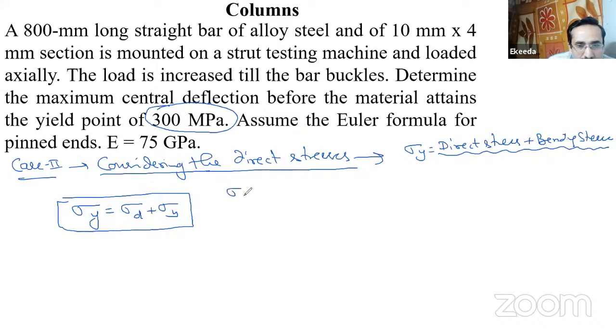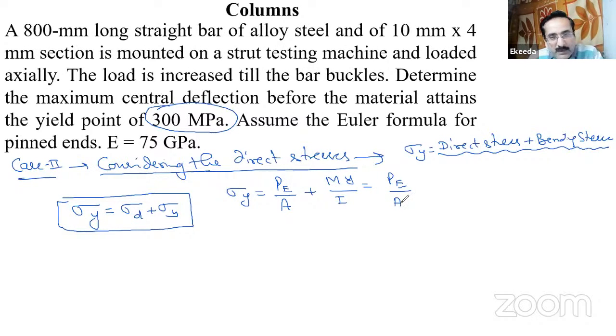So sigma y will be equal to sigma d, that is Euler's load, which is the safe load, applied upon area, plus My by I. This will go to Pe by area. Area is basically B into D, plus PE into delta, the deflection, which we have to find out.